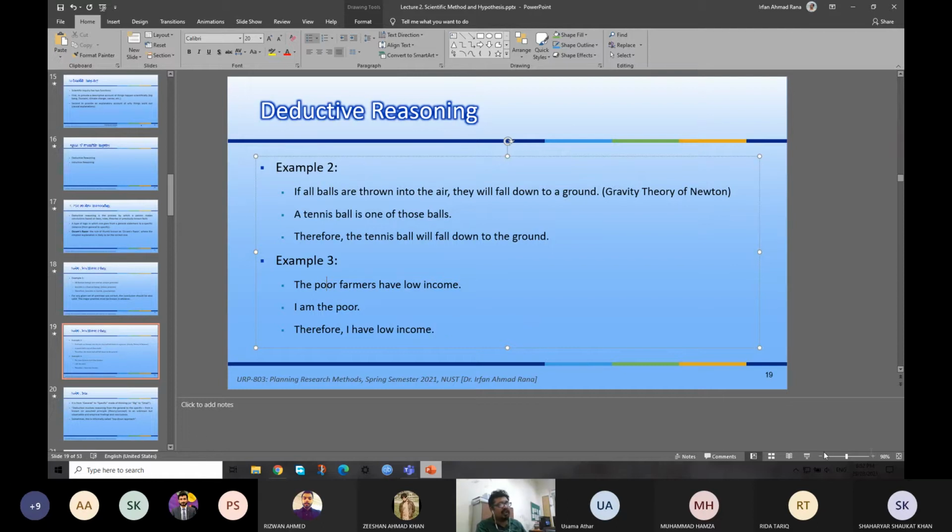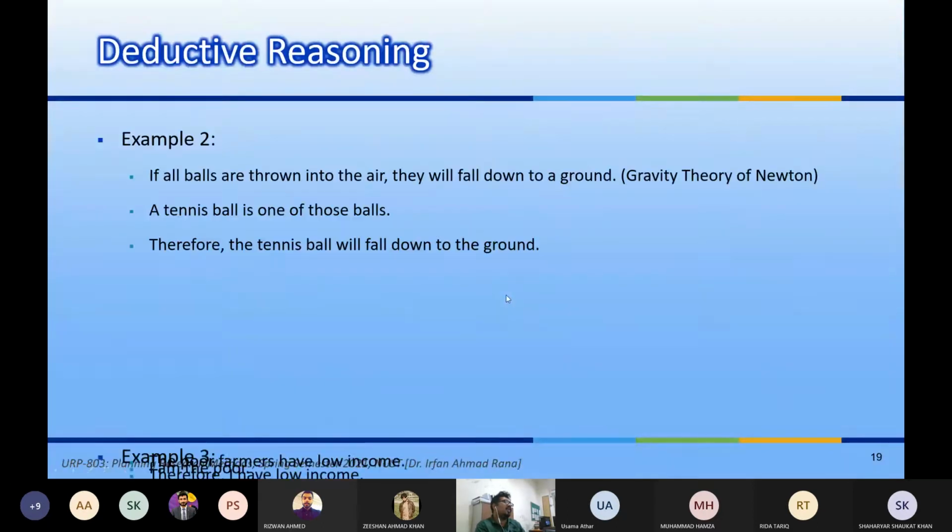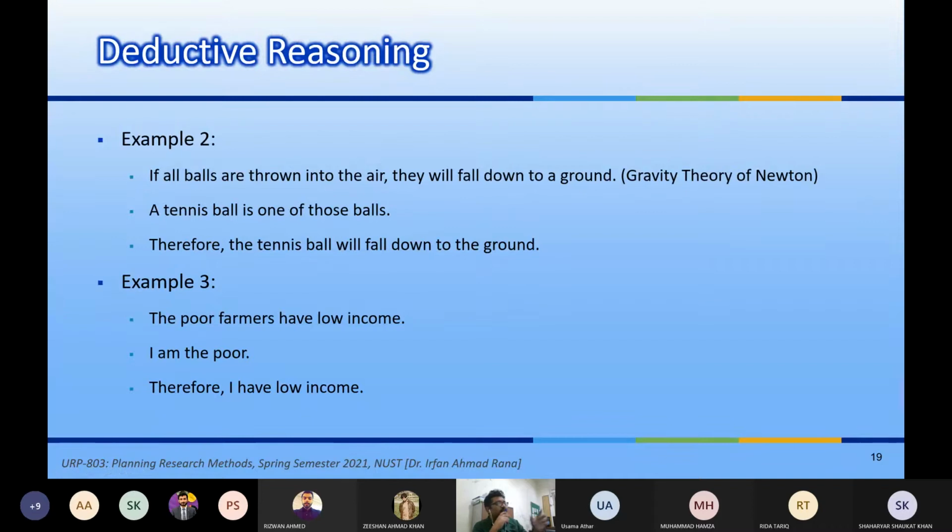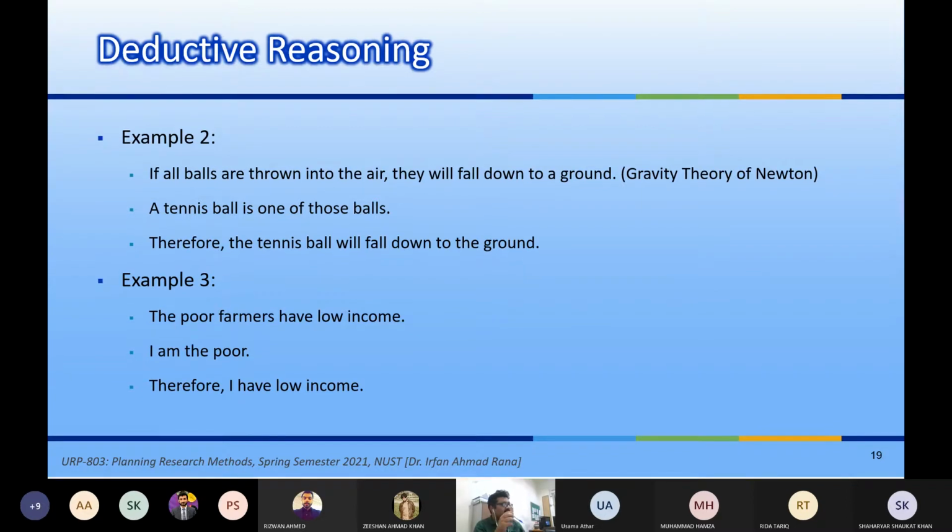From this point of view, we can also deduce something else: poor people have low income. I am poor, so I will also have a low income. So we can deduce to a certain extent that this is what is happening.